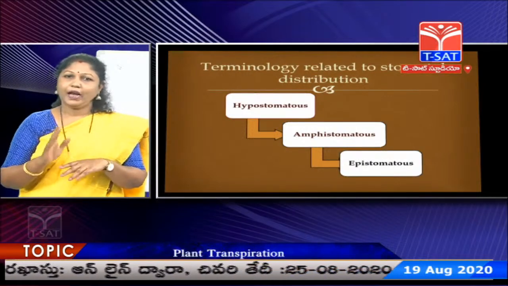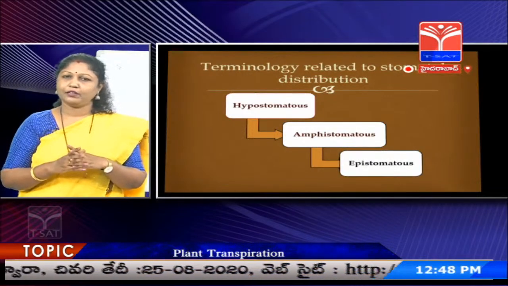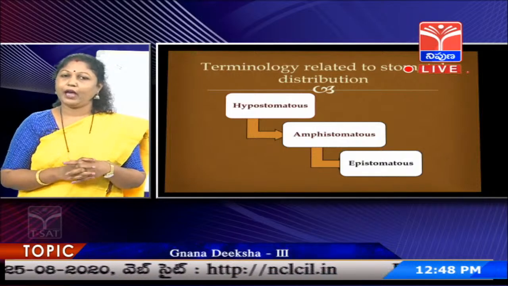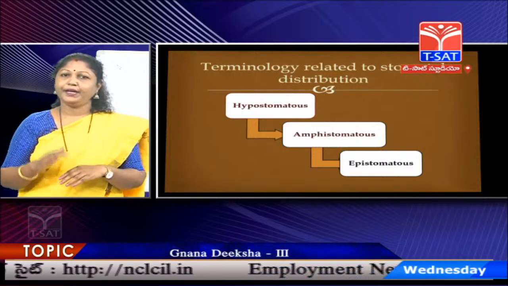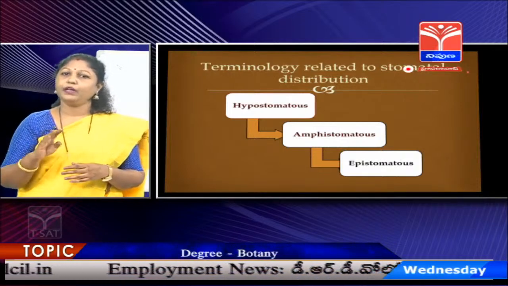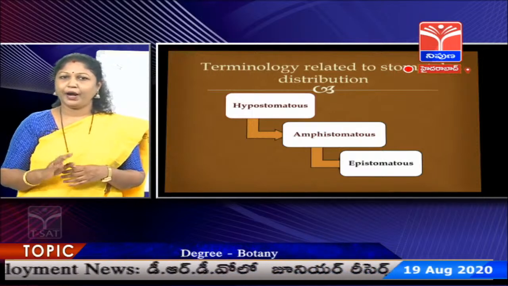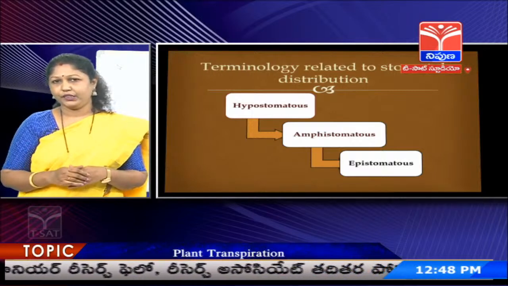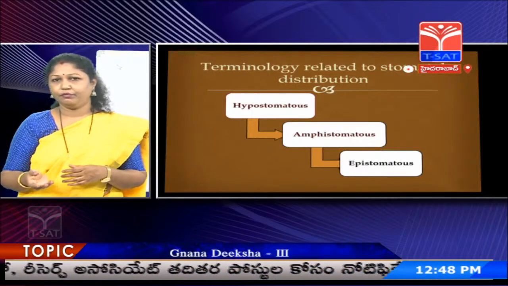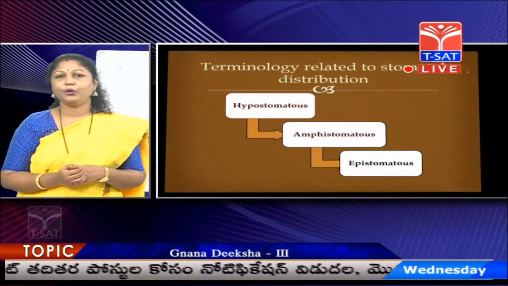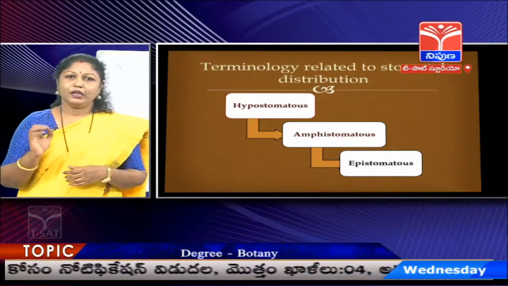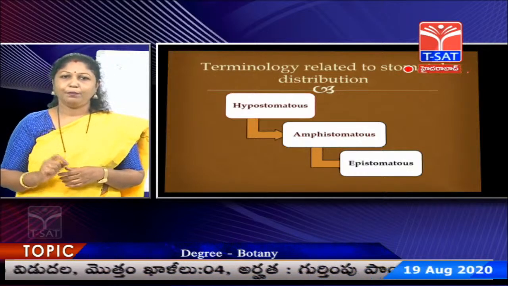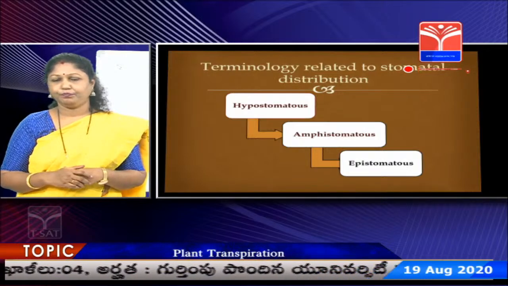In the hypostomatous condition, like apple, you do not find any stomata on the upper epidermis; you find them only on the lower epidermis. In most of the xerophytes, in plants like ficus and nerium, a true xerophyte, the stomata are hypostomatic in nature.